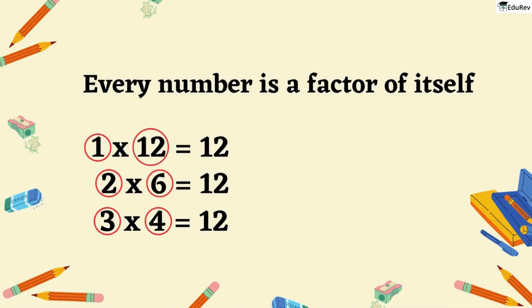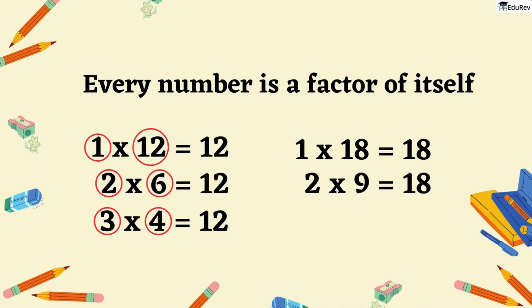Let us look at another one. What are factors of 18? 1 into 18 equals 18. 2 into 9 equals 18. 3 into 6 equals 18.